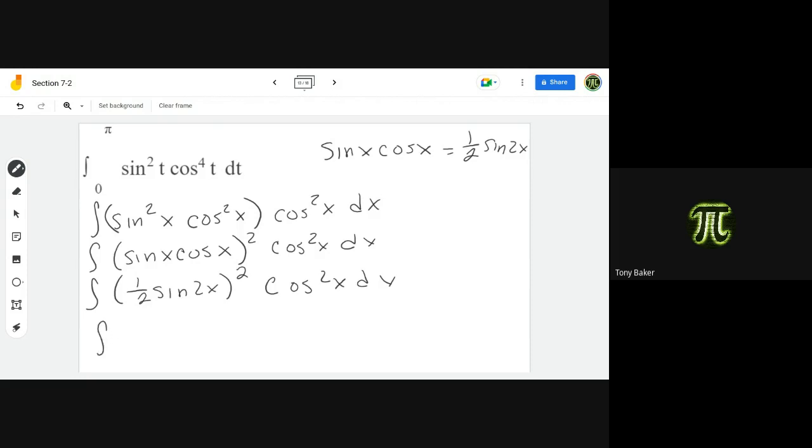So this now is 1/2 sine squared 2x, or 1/4, and cosine squared x dx.